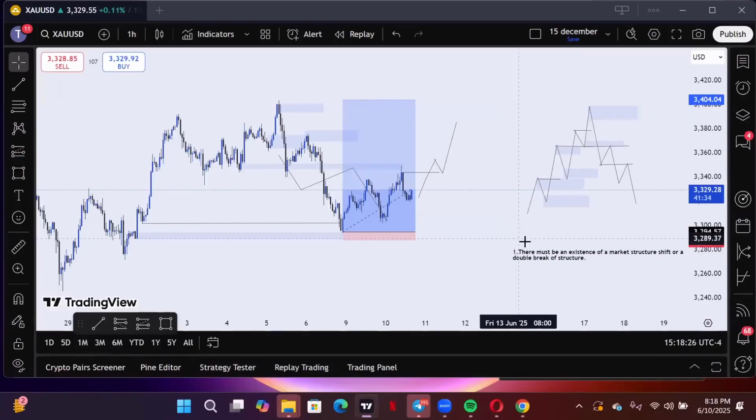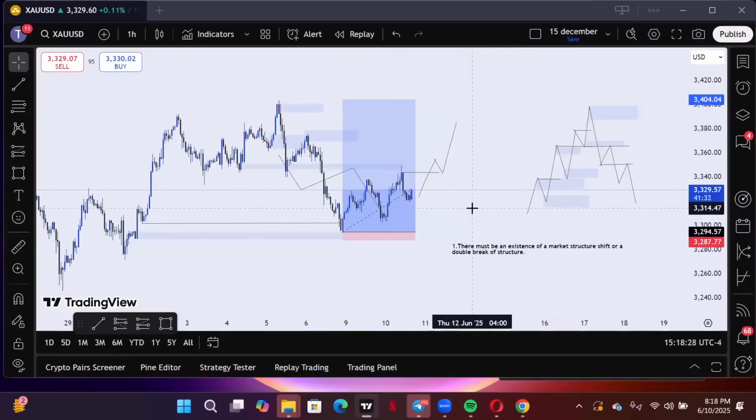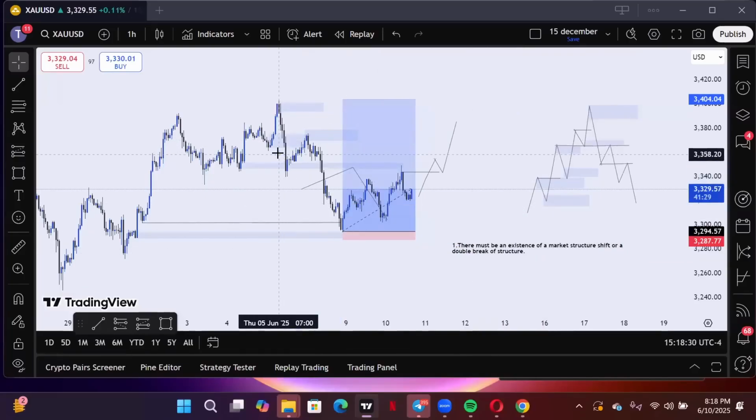So that is the first rule. It means that before you can start looking for anything, you have to make sure that you see a market structure shift, or you see a double break of structure. Only when you see that happen can you move on to the next part of looking for your POI.